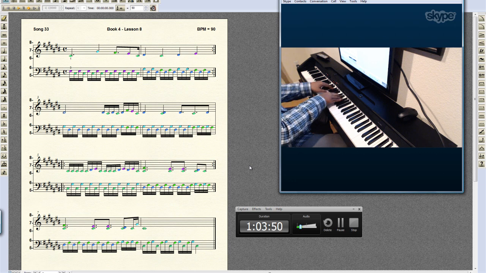3. 3 E and a, 4 E and a. That was it. You let go, and that was great. You missed that last note, but you had the right idea. And what's that last note in the right hand?